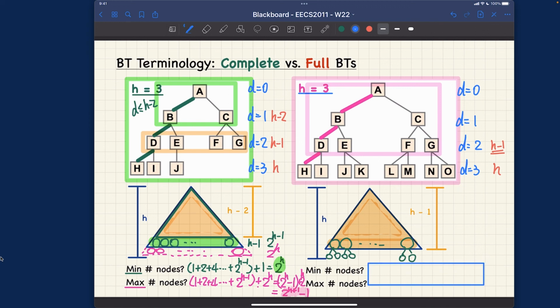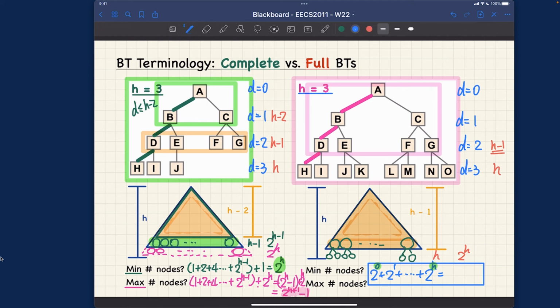Well, it's going to be 2 to the power of 0 for level 0, plus 2 to the power of 1, plus all the way to 2 to the power of h, since this is level h over here, and the maximum number of nodes at level h will be 2 to the h, right? How many terms do we have? We have 0 all the way to h, so we have h plus 1 terms.